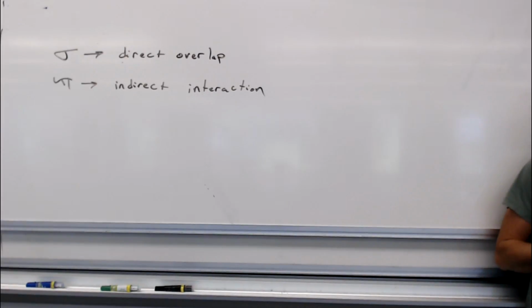In hybrid orbital theory, we can talk about the direct interaction of the hybridized orbitals versus the indirect interaction of the unhybridized orbitals. But once you go to molecular orbital theory, you stop talking about hybrids. You talk about molecular orbitals.